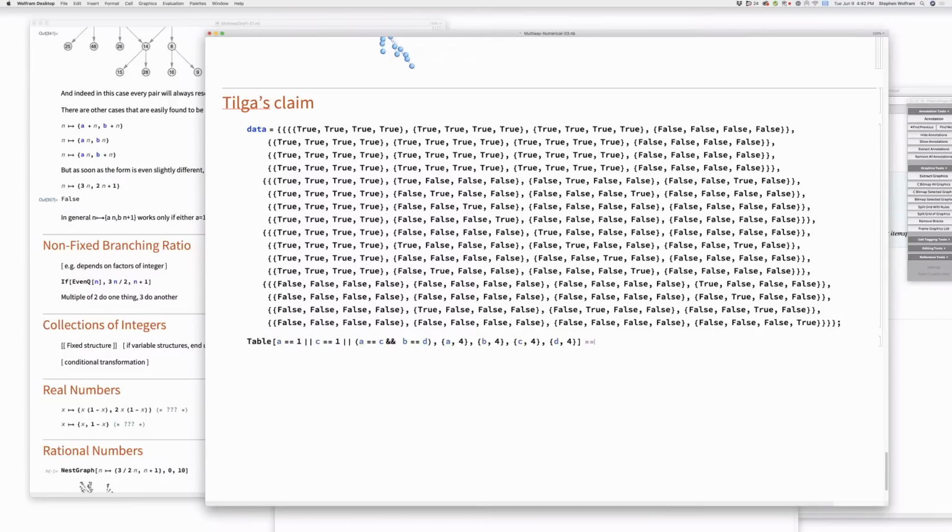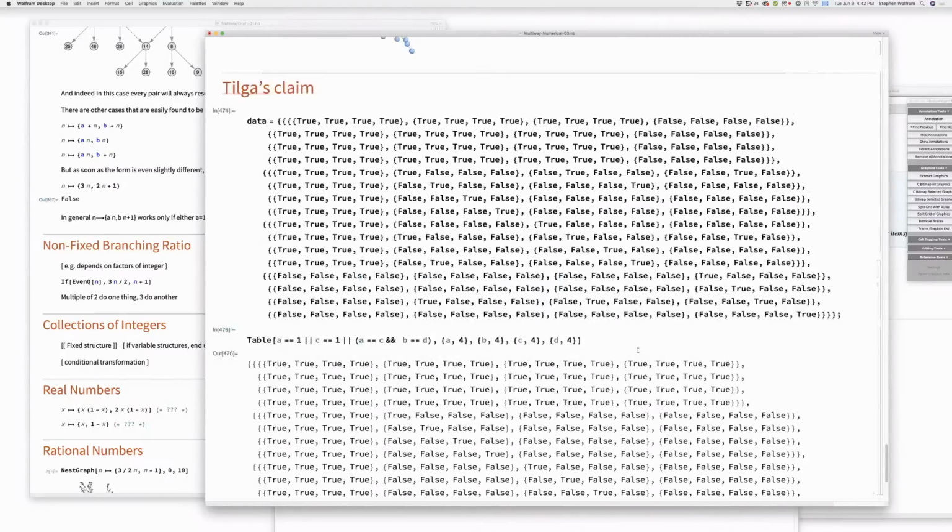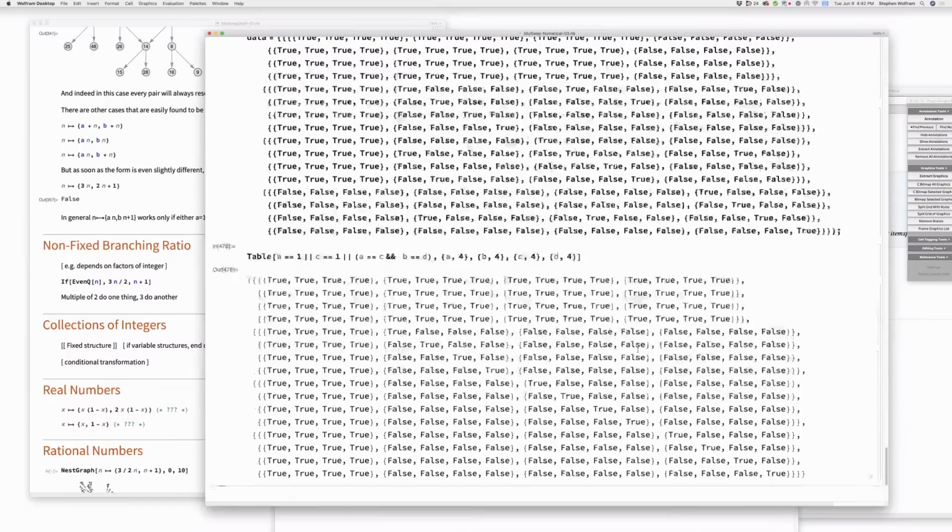Let's just try, really go wild here. Let's just see whether it's true. False. Okay. All right. Let's evaluate this. And let's now compare that to data.